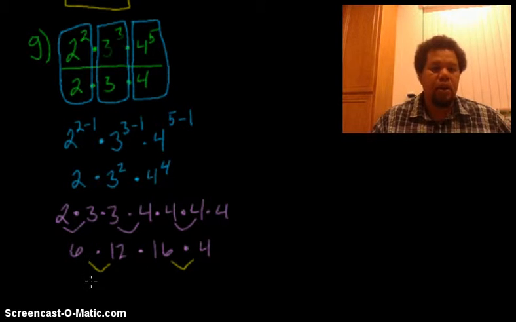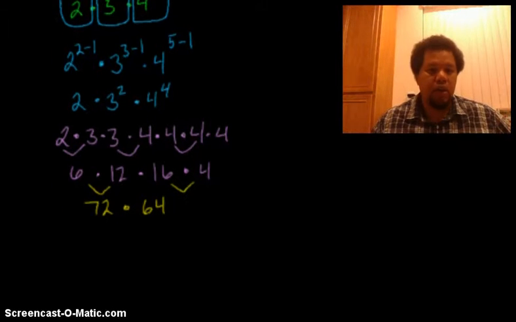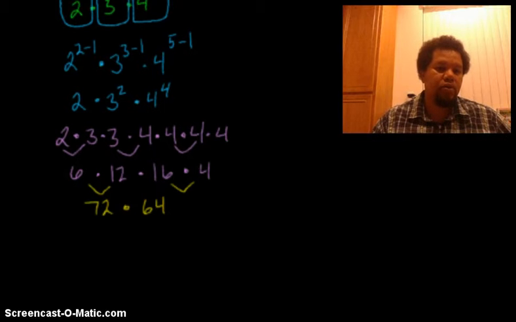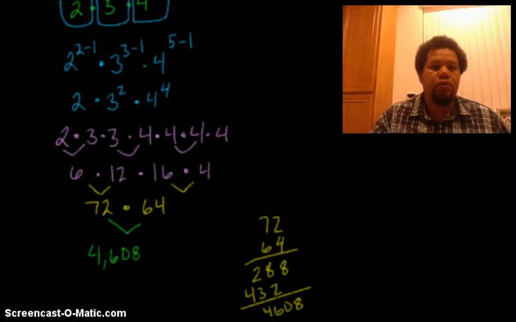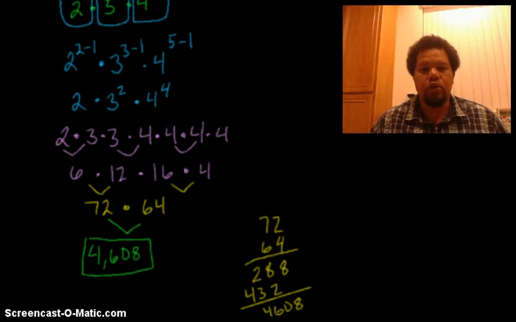Then 6 times 12 is 72, times 16 times 4, which is 64. And then now we've got to multiply these two big numbers right here, which gives me 72 times 64, which is 4,608. See, I had to do my little scratch paper over there.